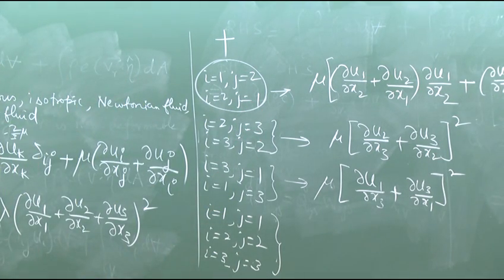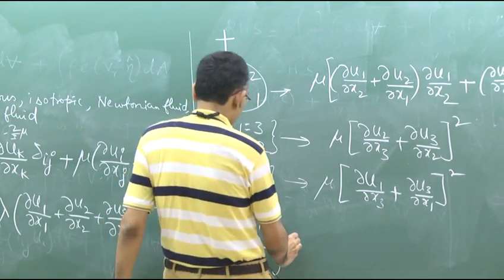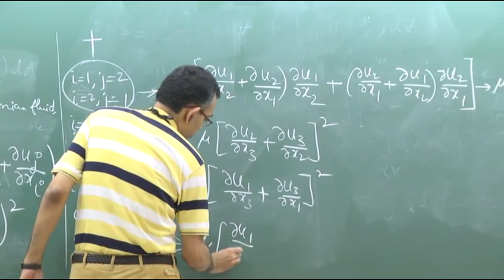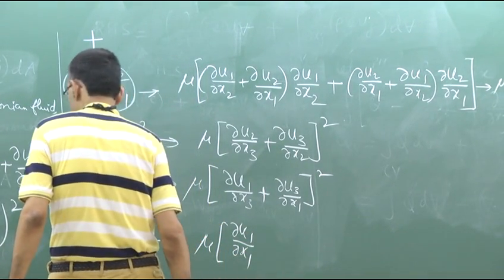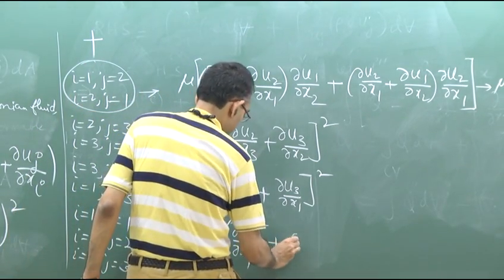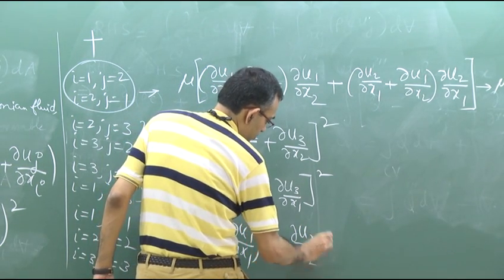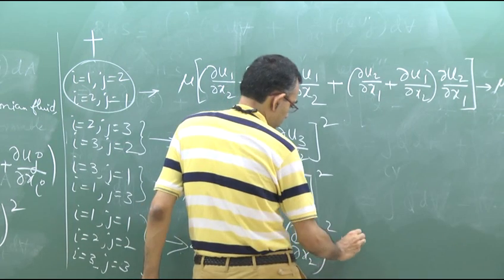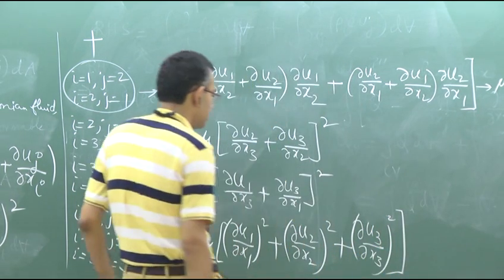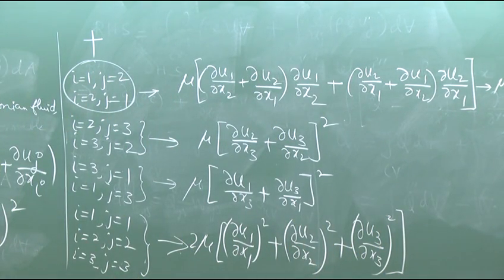Now what will be this? I equal to 1, j equal to 1 means, right.